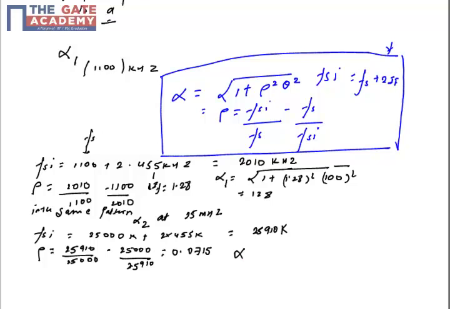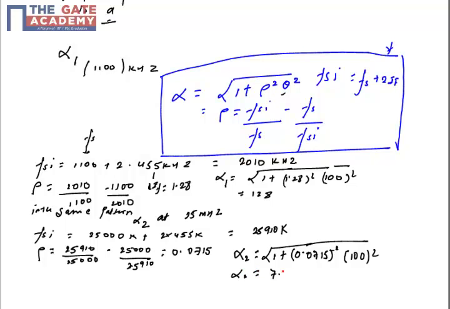For this, alpha 2 comes out to be the square root of 1 plus 0.0715 whole square into 100 square. Same formula. So this alpha 2 comes out to be 7.22.